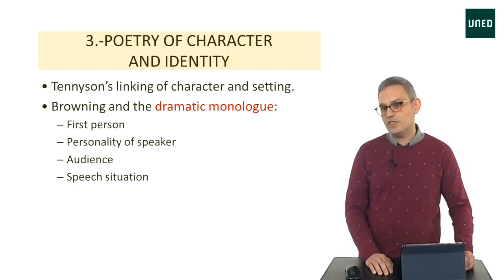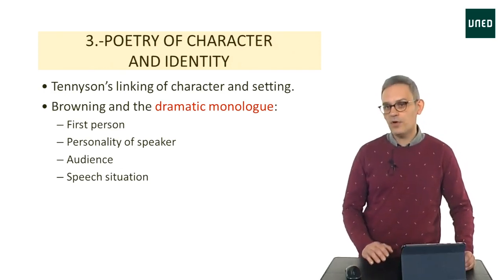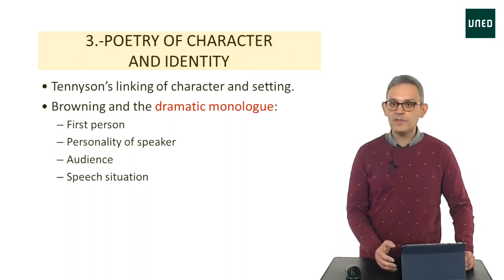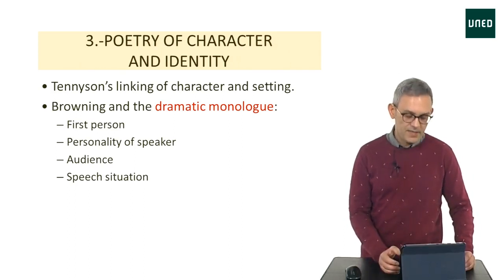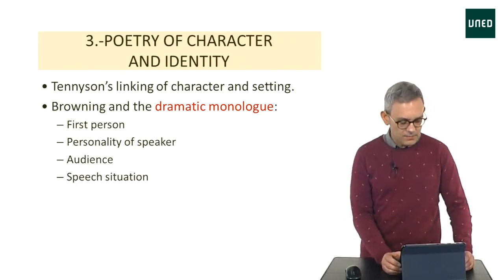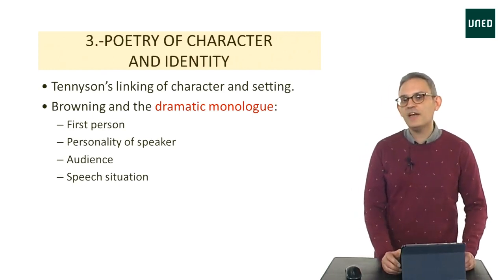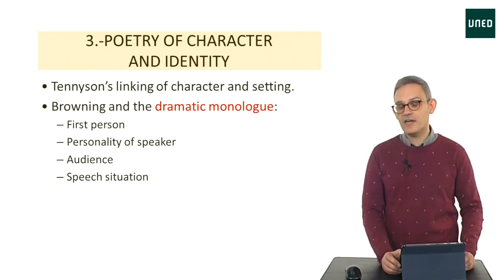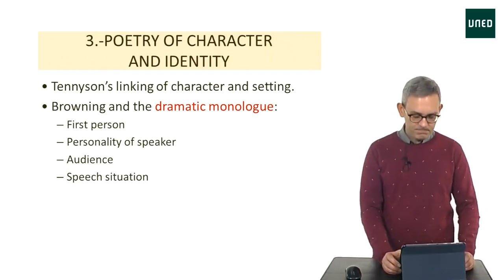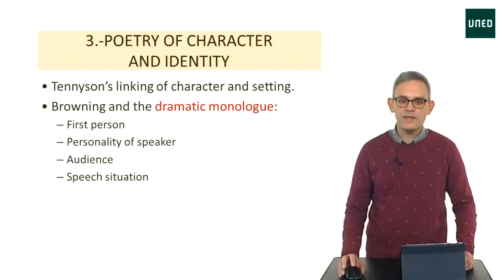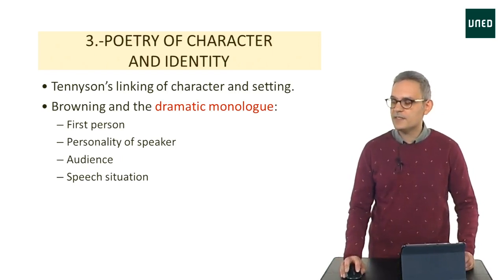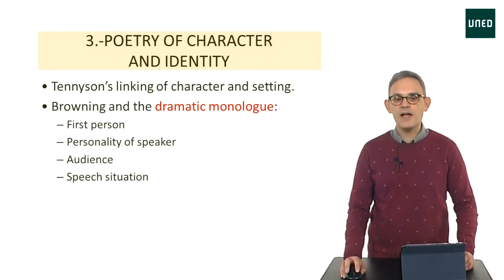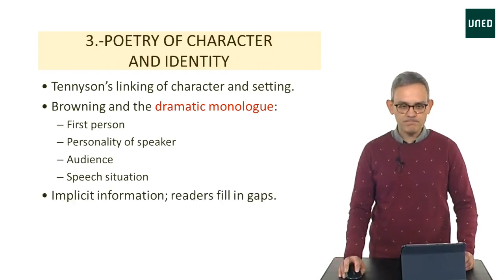However, the auditor or auditors do not speak. They do not express themselves. And finally, the speech situation is often relevant in characterizing the speaker. These then would be the characteristics, defining traits of the dramatic monologue, as used by Browning.